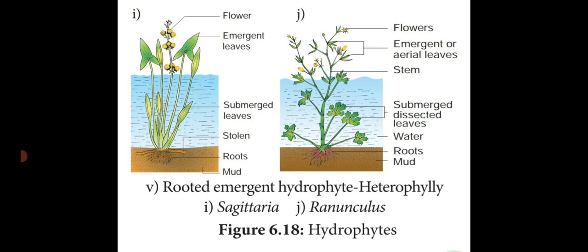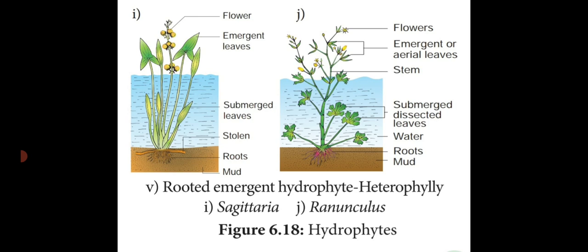See the first diagram, Sagittaria. The stem is buried in the soil. Roots are fixed to the mud region. There are 2 types of leaf. One is the submerged leaves, which are globose in structure.